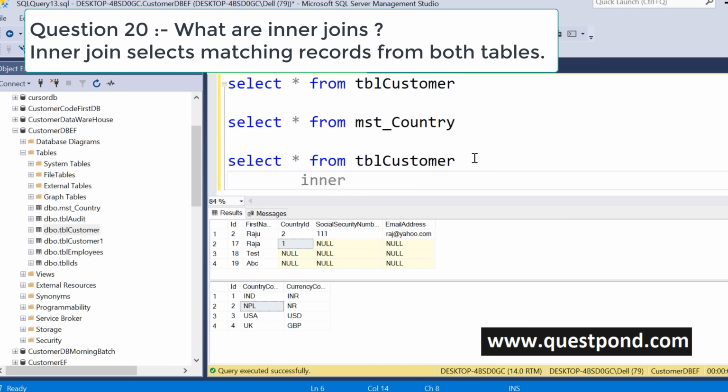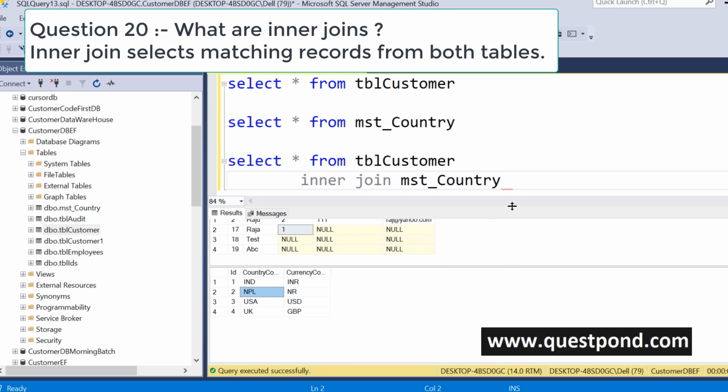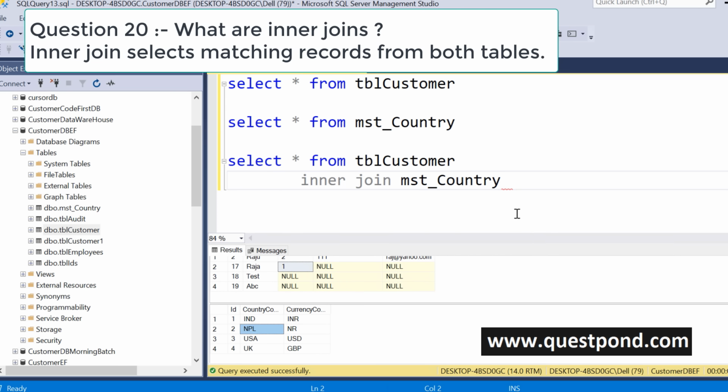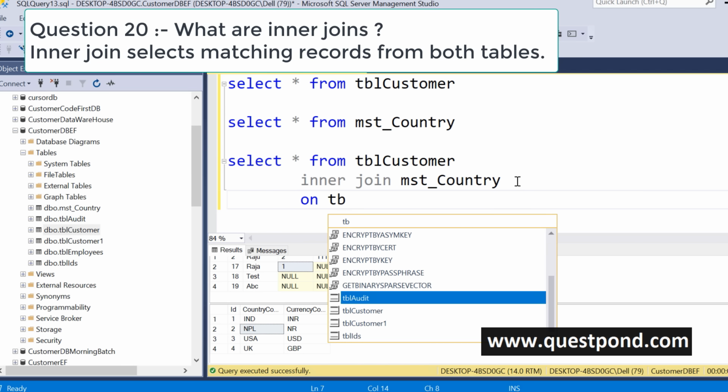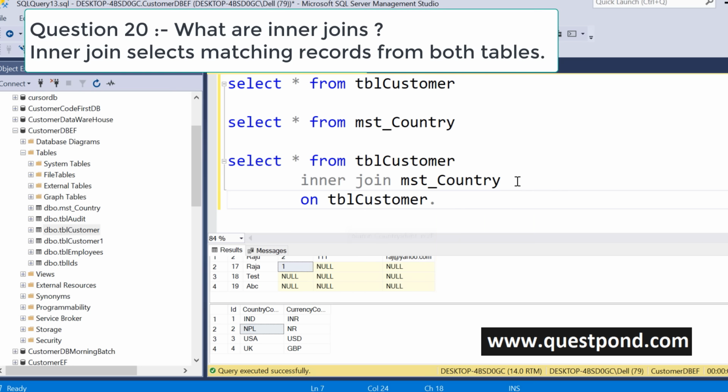So inner join MST country on TBL customer dot country ID and match it with MST country dot country ID.